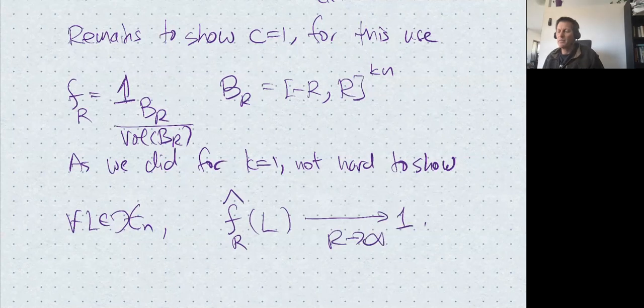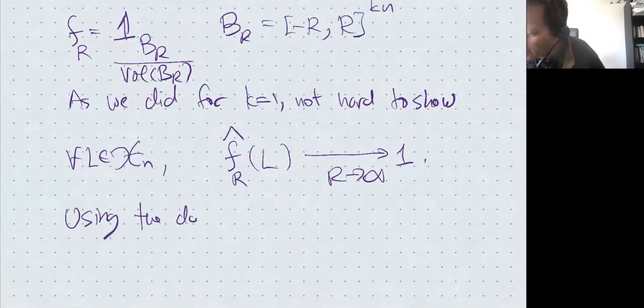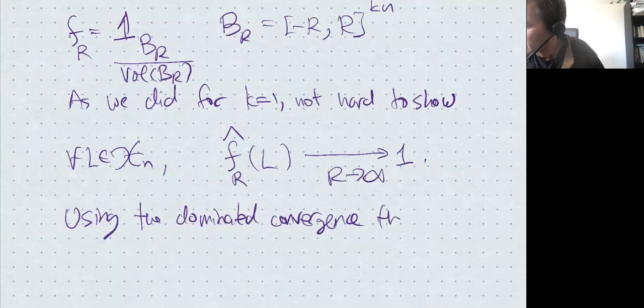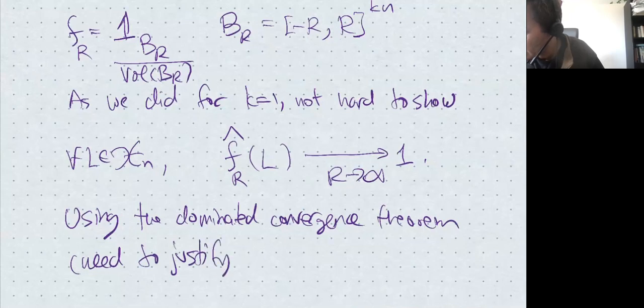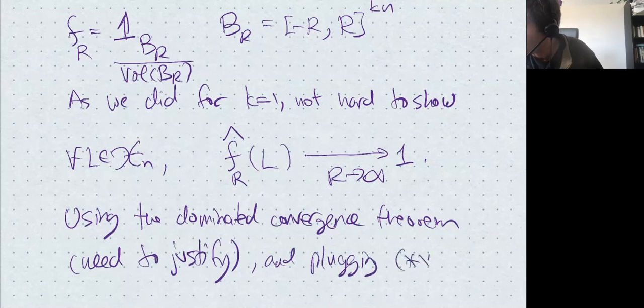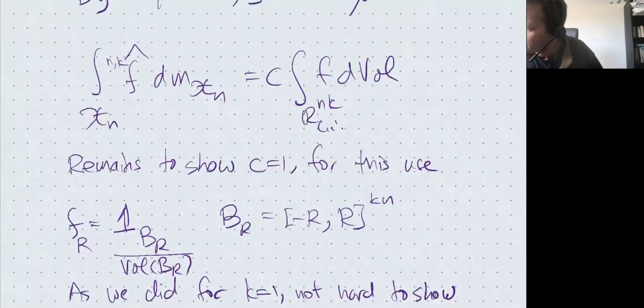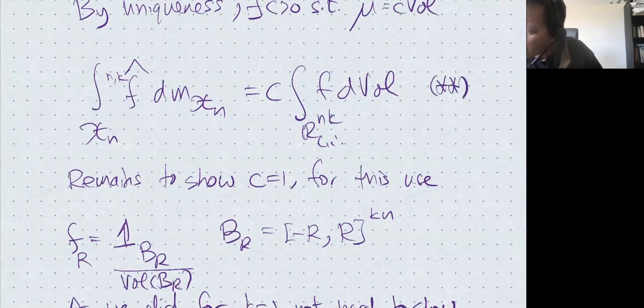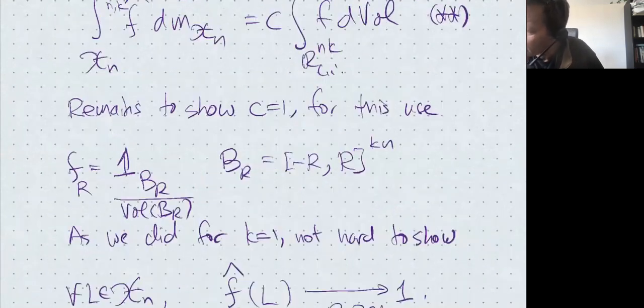This is exactly because of the number of points that a lattice has in a ball, you know what happens to it as the ball gets larger and larger for each lattice. And using the dominated convergence theorem, and here you need to justify that, which I'm not going to do, and plugging into the identity, which I want to call 2 stars, you get that C has to equal 1.